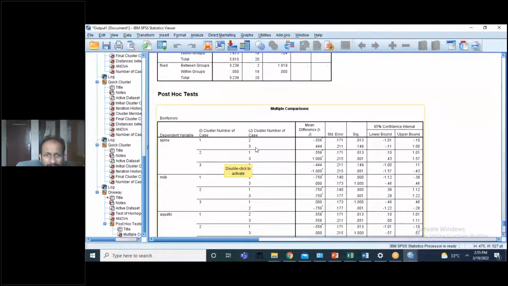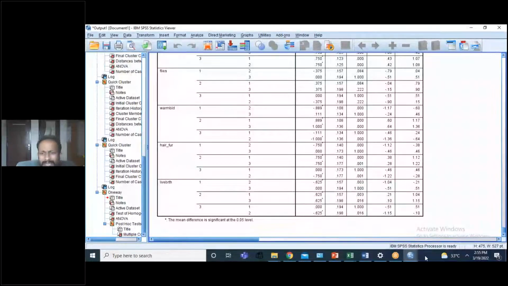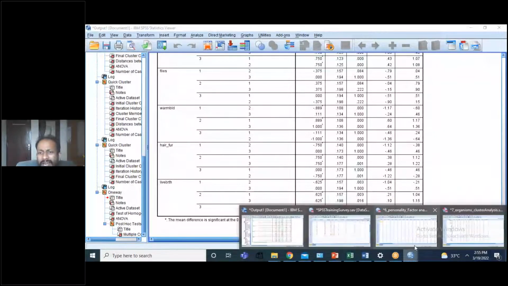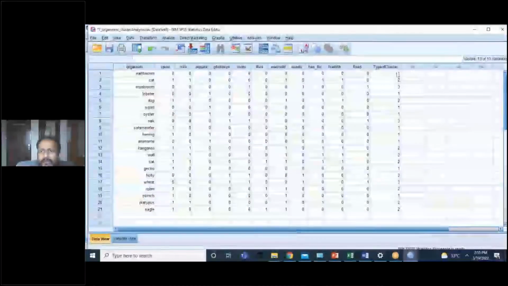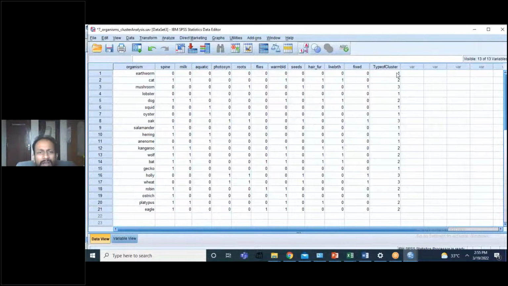Of course, cluster 1 and cluster 3 are not significantly related, but all other clusters are significantly related. So you can do this type of analysis also, but the main aim of cluster analysis is that I'm able to group the respondents into different clusters.